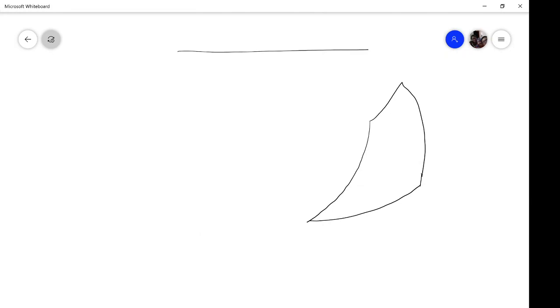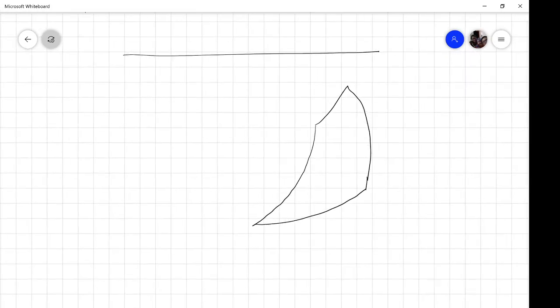To understand how to do this, let us consider a curved surface. Let us say this is some general curved surface which is submerged in water or any fluid.